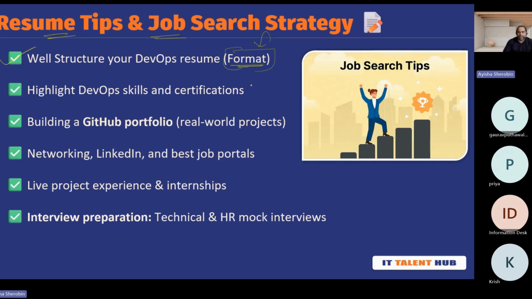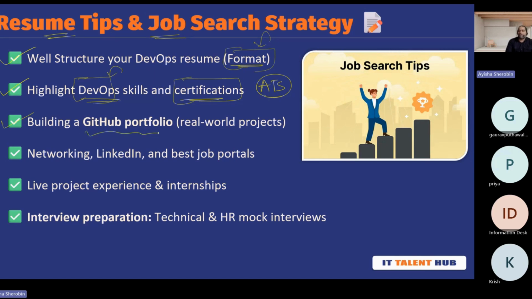Nowadays, everything is by ATS only, but there also we have to focus on the keywords. Highlight your DevOps skills. Whatever skills you are learning, we must add them. Sometimes we miss adding skills and certifications. If you have them, definitely add them to your resume. That will give you more chances of shortlisting and being selected in interviews.